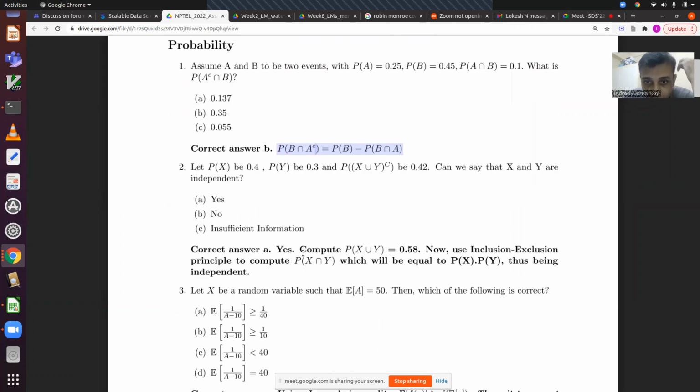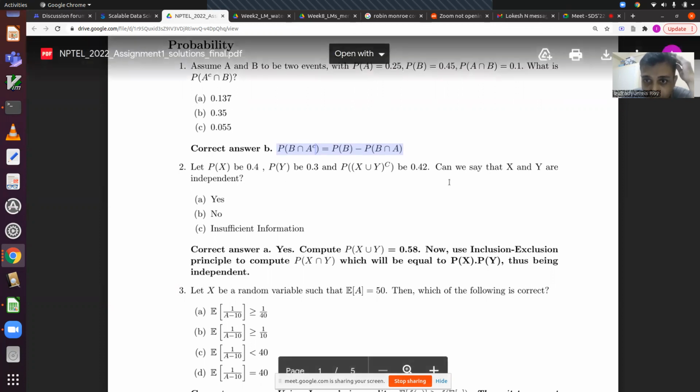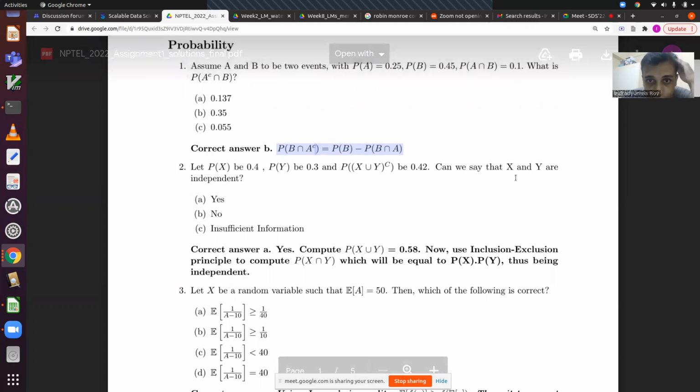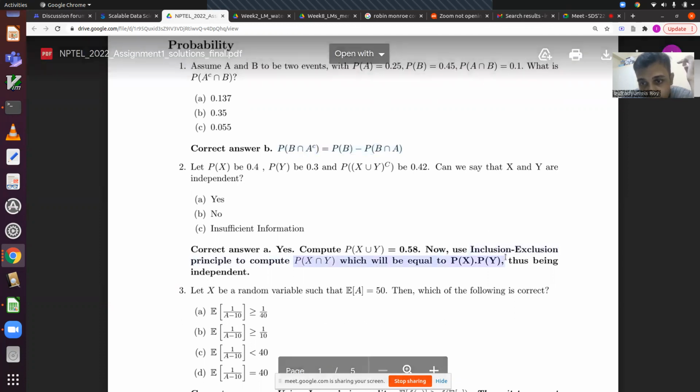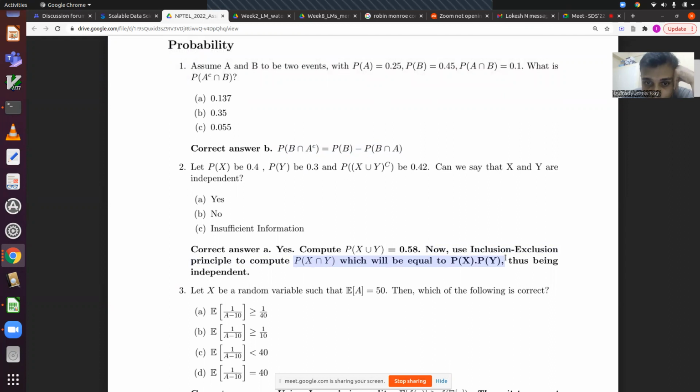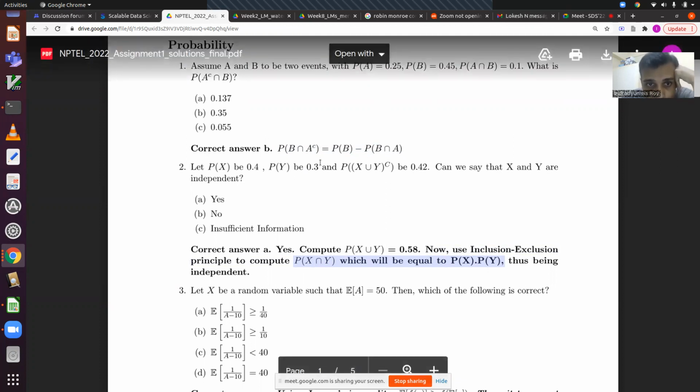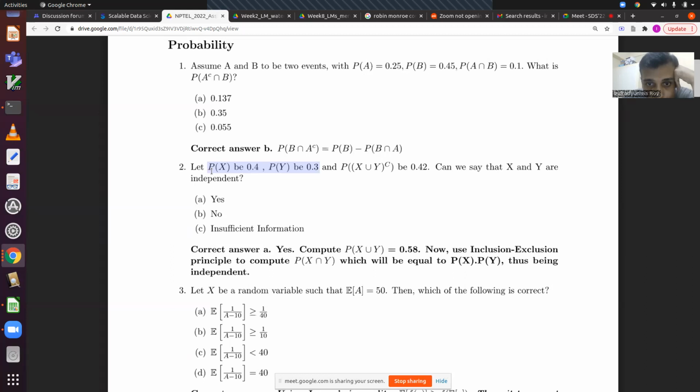Second is, okay, when can we say that X and Y are independent? X and Y independent means this condition should hold: the intersection should be equal to the product, right? So you just have to find the intersection, because the product, you know, is 0.12.